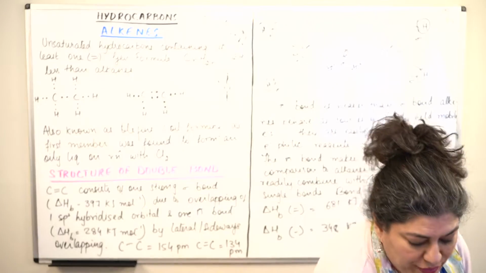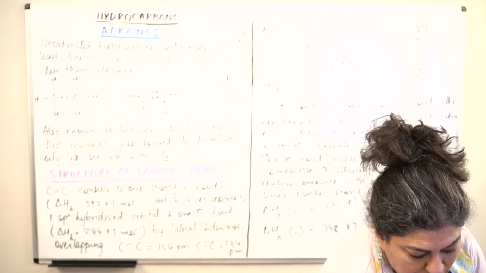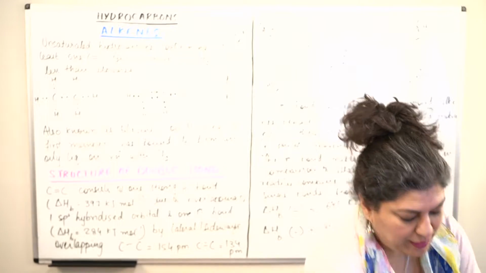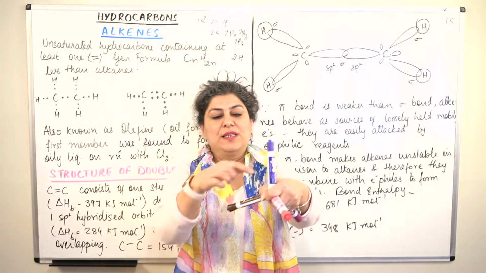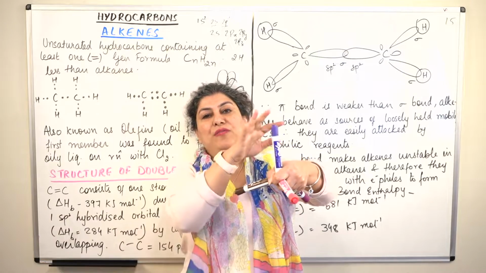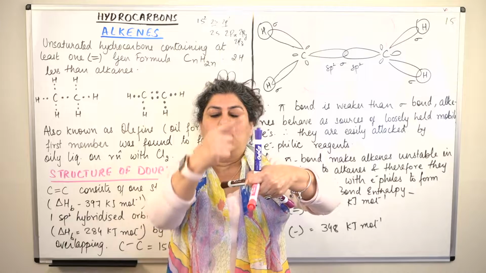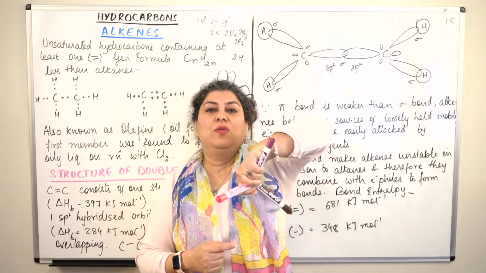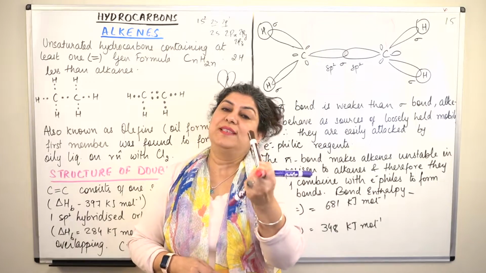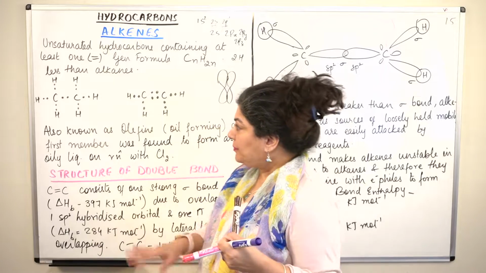Like I showed you in the previous two videos, the structure of methane and ethane. So if this is the central carbon, it results in four sp3 hybridized orbitals, 1s and 3p orbitals, they form four equal orbitals, which form a very symmetrical structure.